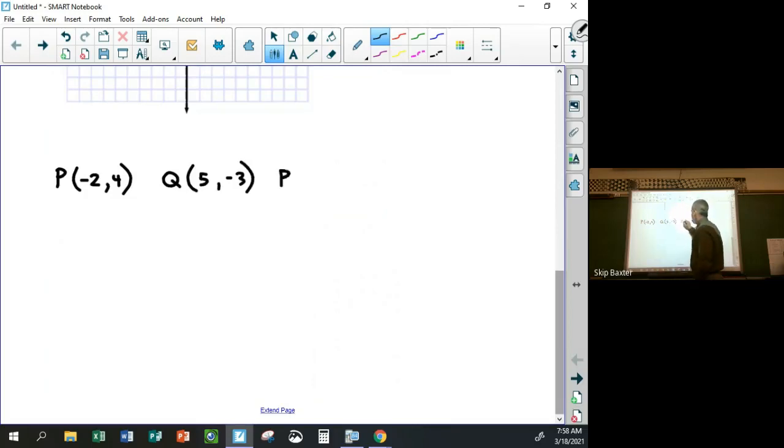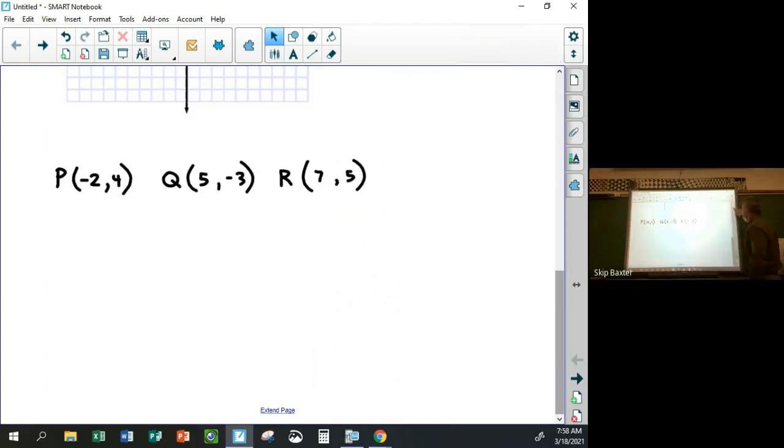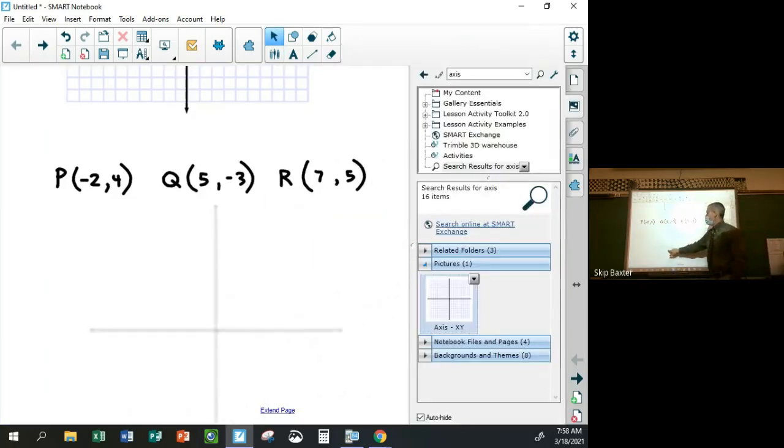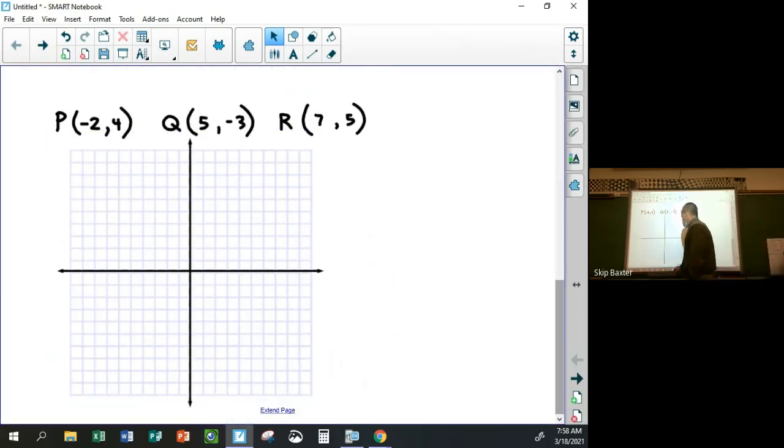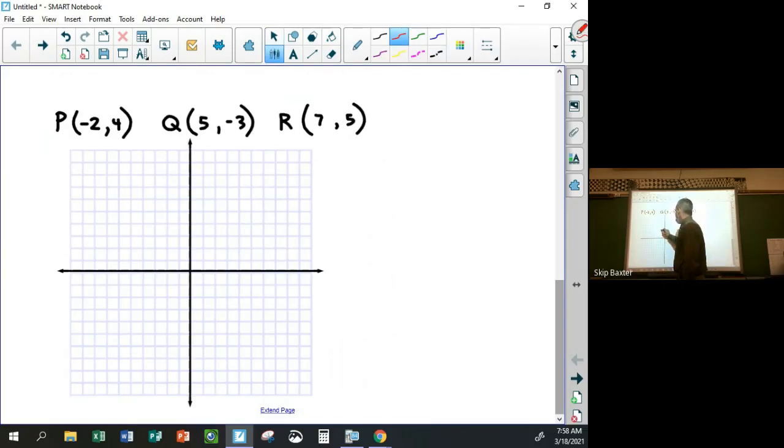And point R has coordinates 7, 5. Okay, if I do the same thing and I graph this, we have -2, 4, that's this point. 5, -3 is over here. And 7, 5 right here.